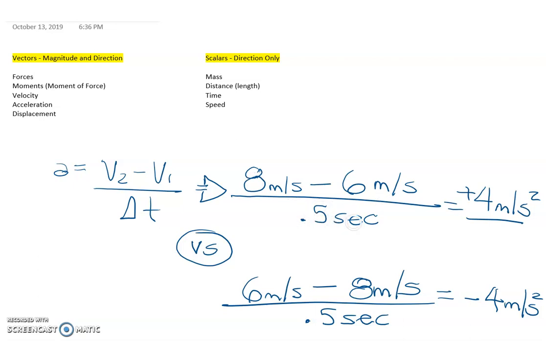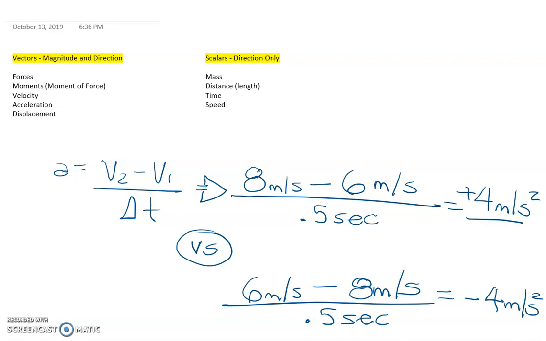So then during this time, we know that we must have sped up, right? Because we were going slower and now we're going faster. So that means your acceleration will be positive, because then we know that we'll be speeding up.